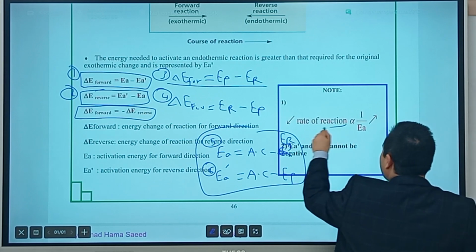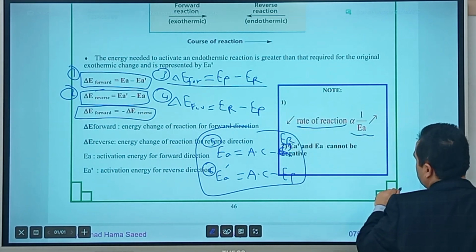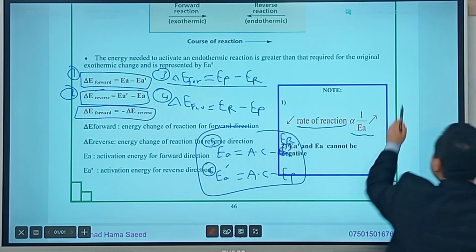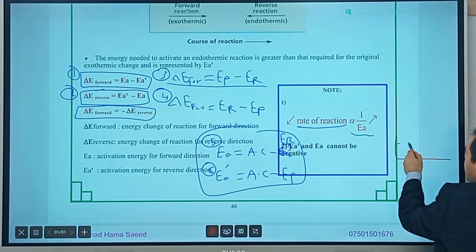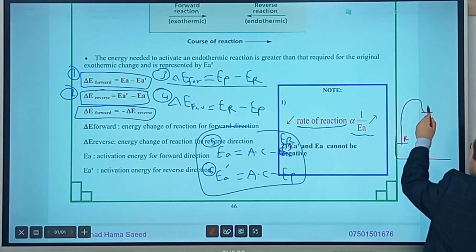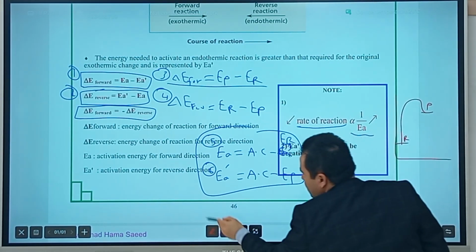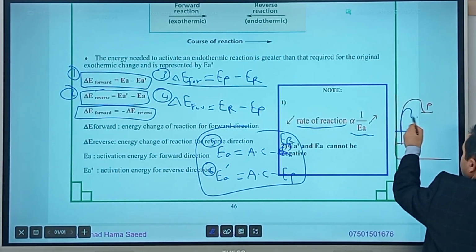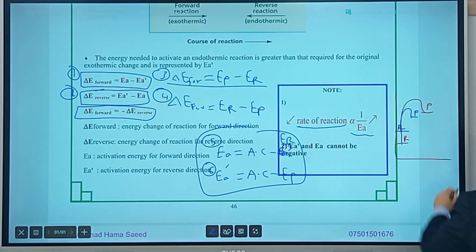The rate of the reaction with the EA is inversely proportional. Why? How? Have a look at this graph, guys. Suppose we have a graph like this, reactant goes to the product. Let me draw another graph, reactant goes to the product.